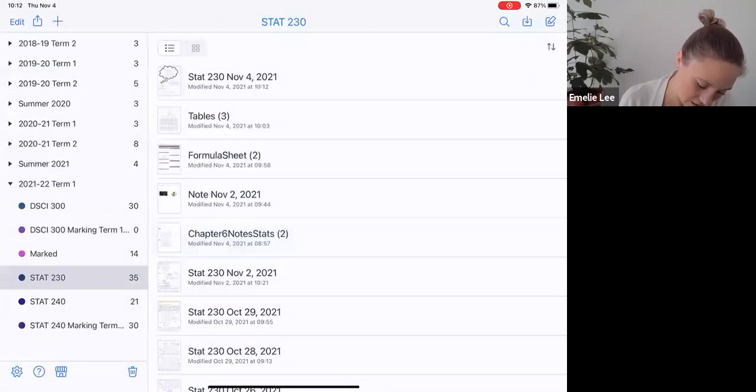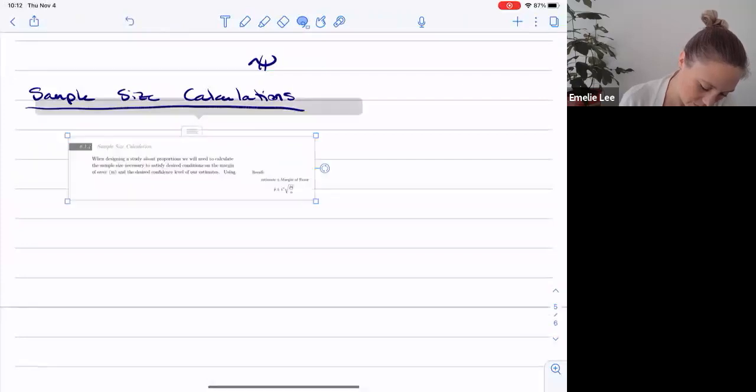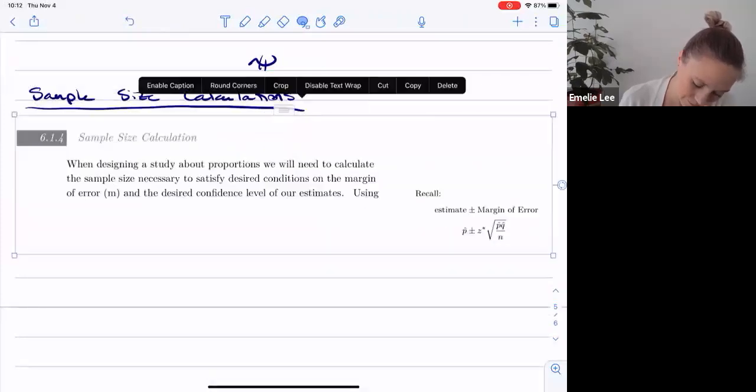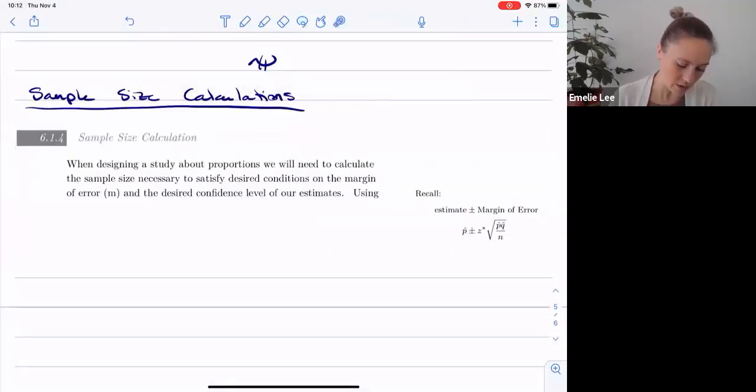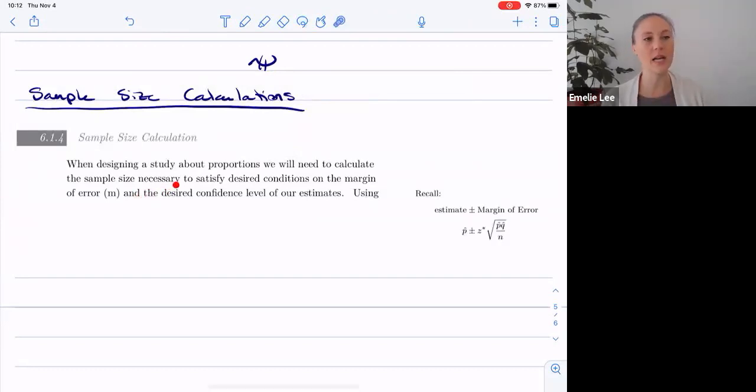If you're designing a study, before you even go out and collect any data, you might need to calculate the sample size necessary to satisfy some margin of error restraints.